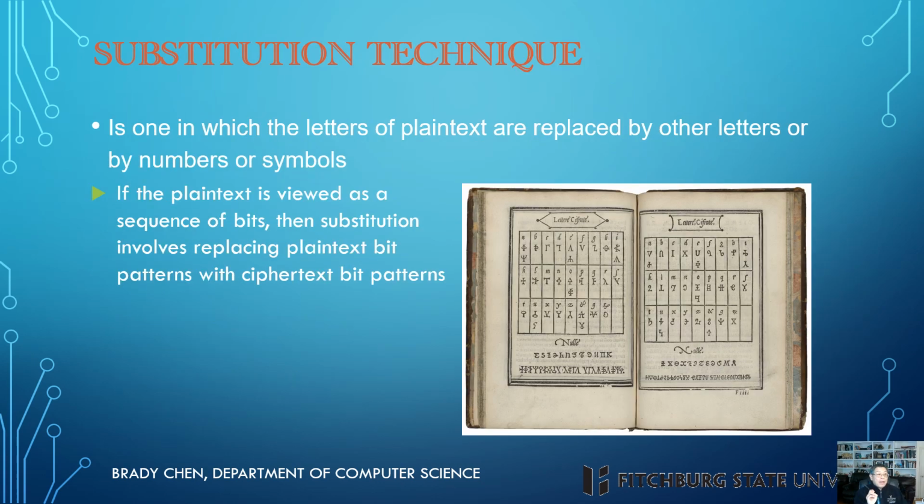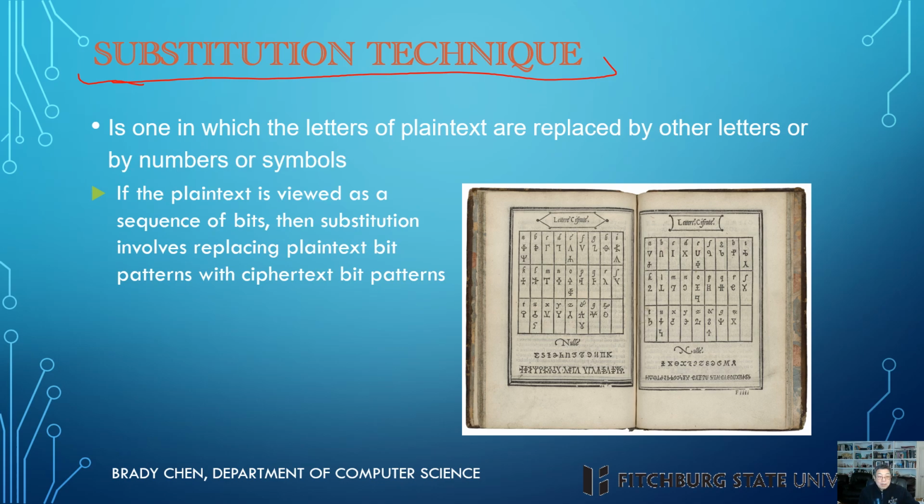So remember, there are two types of operations. One is the substitution. The other one is the transposition. Now, let's talk about the substitution technique. Okay. Substitution technique is one in which the letters of plain text are replaced by other letters or by numbers or symbols.